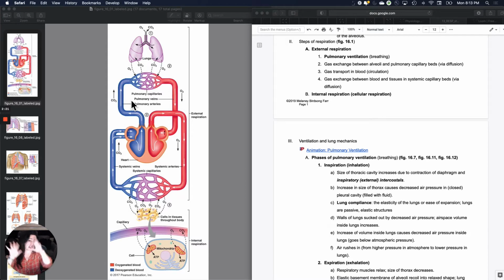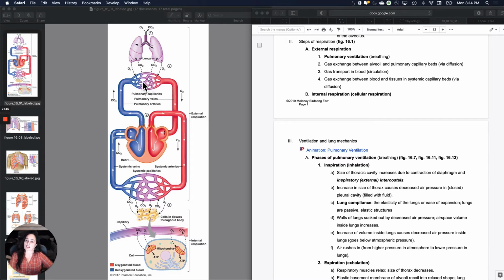No fancy mechanisms, no secondary active transport or anything like that. And then, after you've done gas exchange here, you see gas exchange as you're going through these capillaries indicated by the change in color, to indicate when you pick up oxygen versus when you drop it off. You're used to looking at that red blood and blue blood, even though no, it's not red and blue.